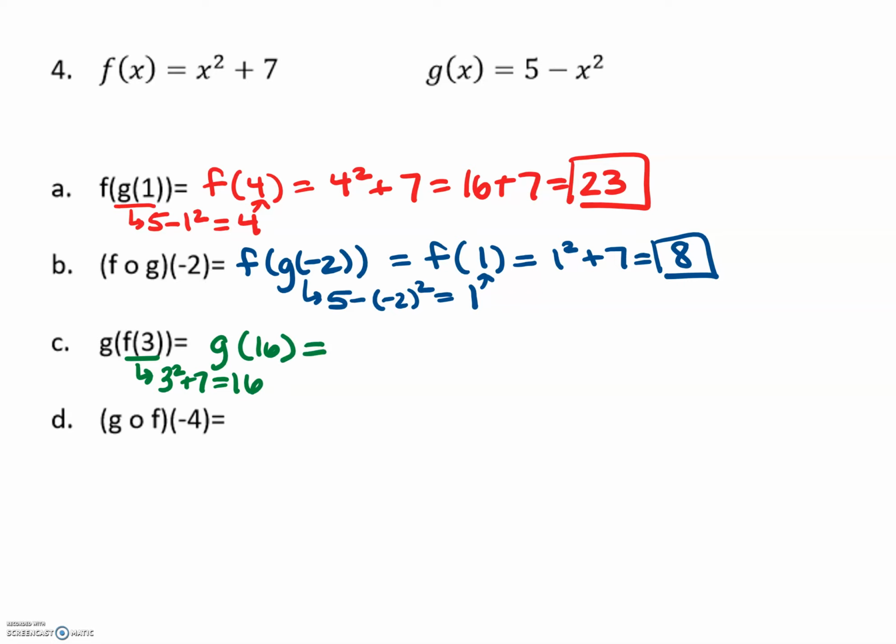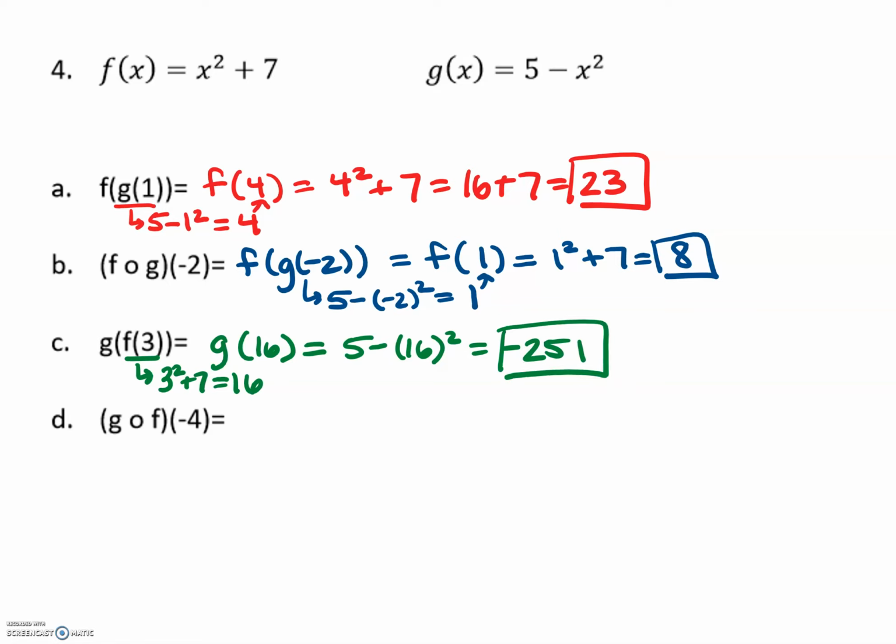So now I'm going to go up to g. Every time I see an x, I'm going to replace it with the 16. So I'm going to get 5 minus 16 squared. So 5 minus 16 squared is going to give me negative 251.